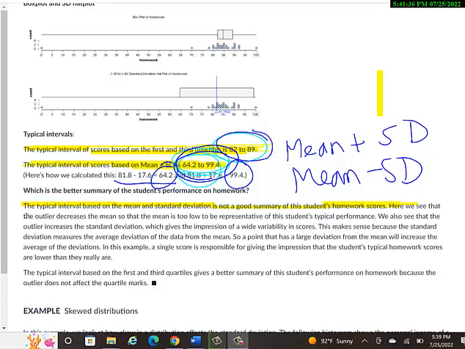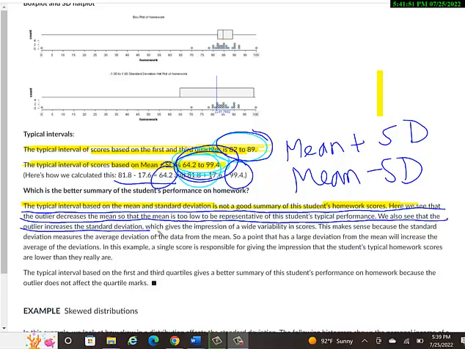I guess the typical interval based on the mean and standard deviation is not that great of a summary for the student's homework scores. Here we see that the outlier decreases the mean, so that the mean is too low to be representative of the student's typical performance. We also see that the outlier increases the standard deviation, which gives the impression of a wide variety of homework scores. This makes sense because the standard deviation measures the average deviation of the data from the mean, and a score of 0 is very far from the mean of 81.